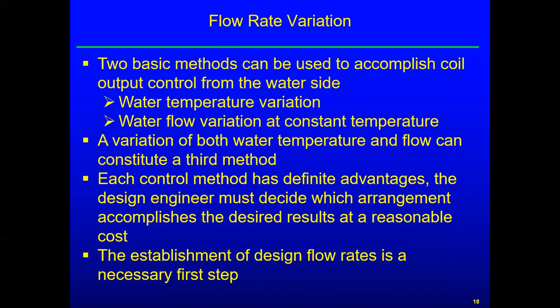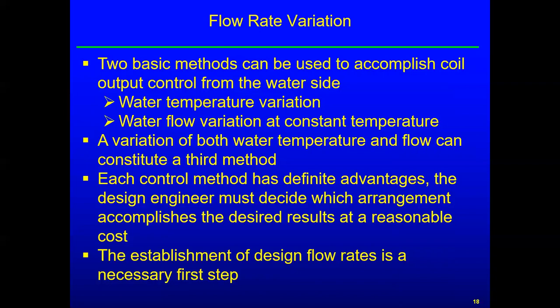We can adjust the water temperature. So if you're in a heating situation, maybe you put in 140-degree water when it's not too cold outside. And when it's really cold, maybe you put in 160, 180-degree water, and that works really well. The other way you can do it is with water flow variation at constant temperature.